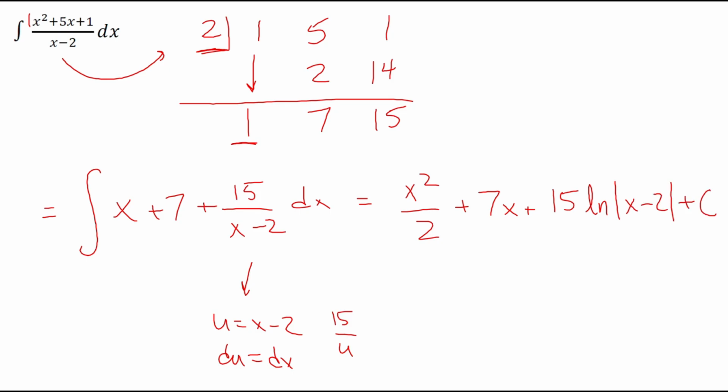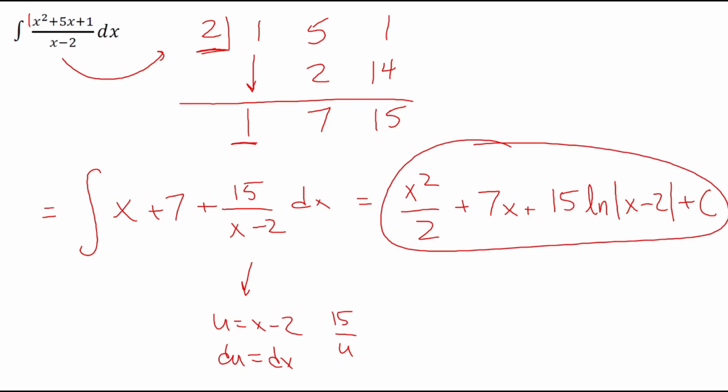And of course, plus our constant. So anytime we just have that x minus a term in there, where it's just an x, not like 2x or 3x in that denominator, the u sub becomes very simple, and we can just kind of treat it like there's not really a u sub going on, even though in the background there is.